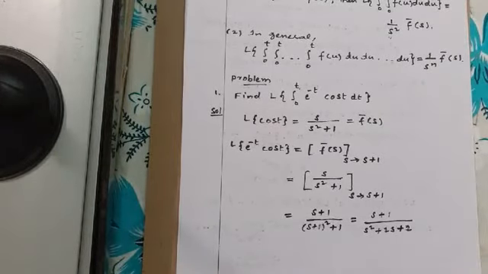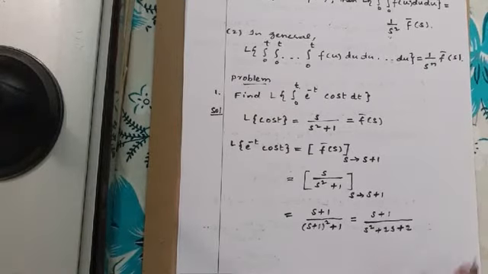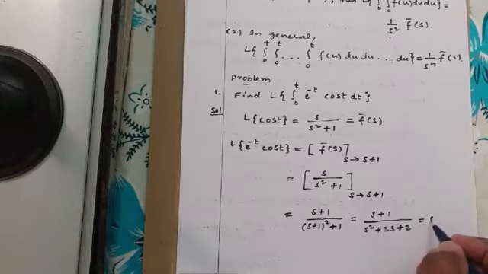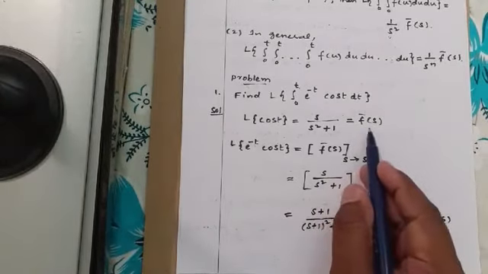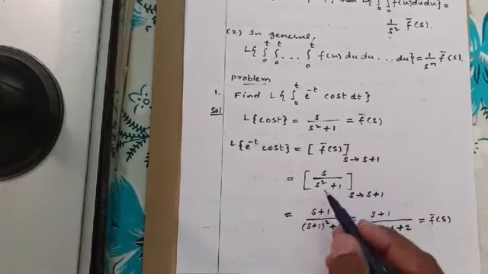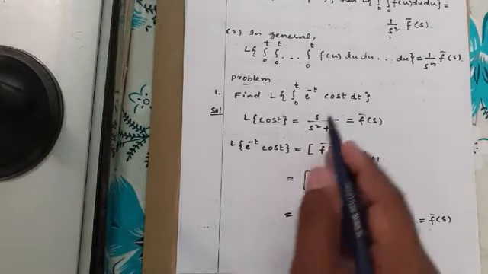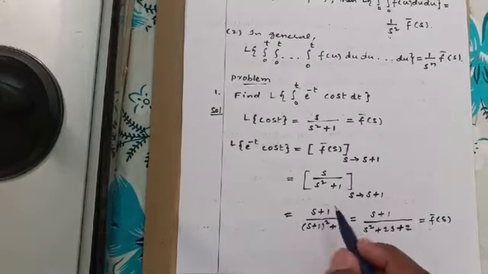Now here we have to consider this as f bar s, as you have taken f bar s for solving in the first shifting theorem.